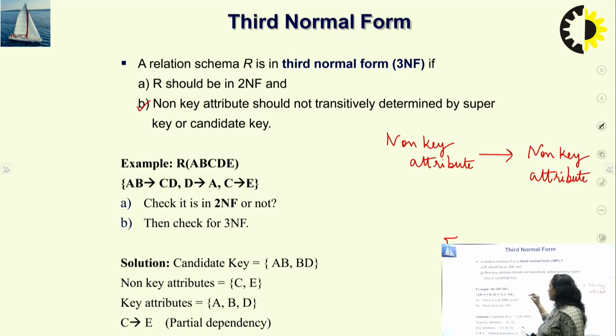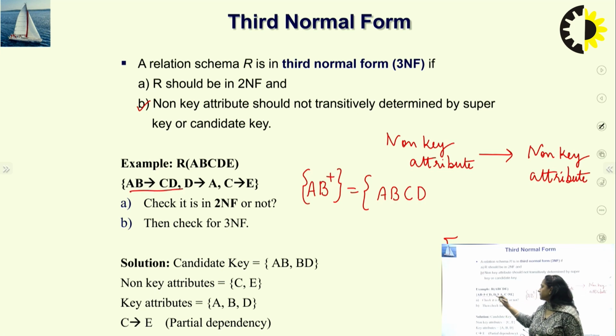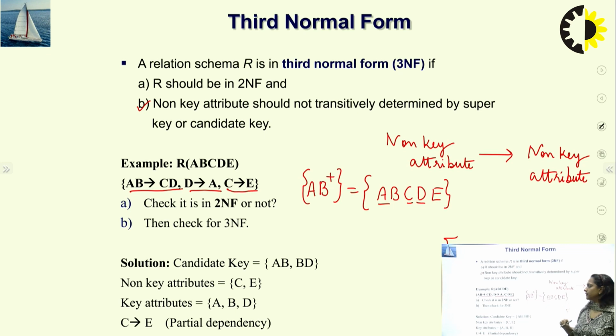The closure of AB: AB can determine CD. Now we have D. D can determine A, A is already there. C can determine E. If you compare, we have covered all the attributes.